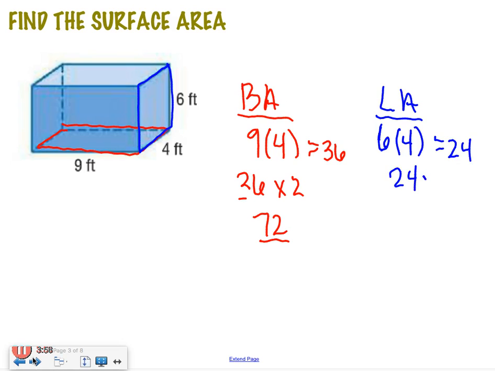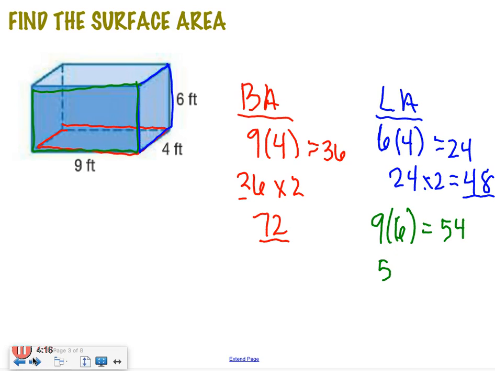Think of a cereal box. Am I done? No. Yep, the front and the back. 54. You guys are on fire today. 54 times 2 is 108.